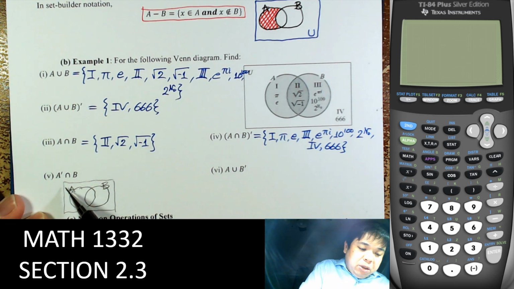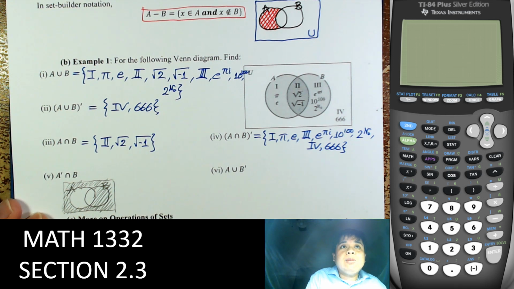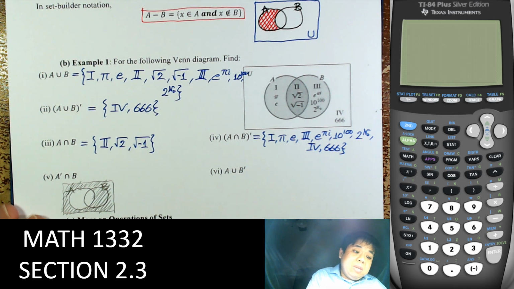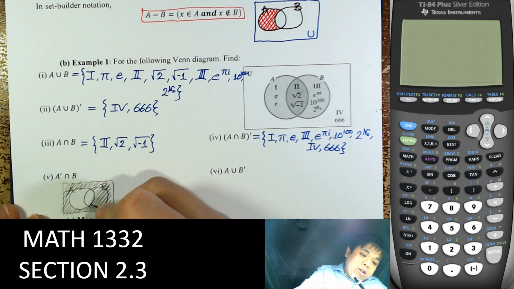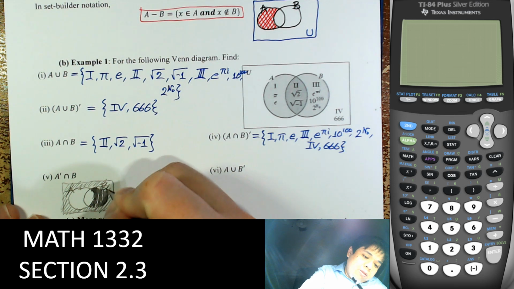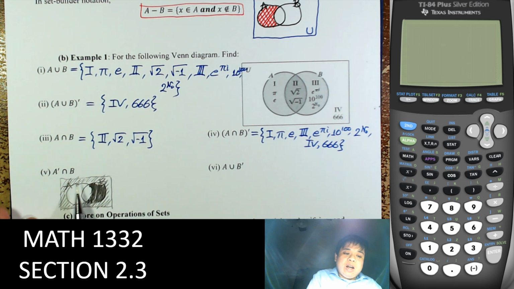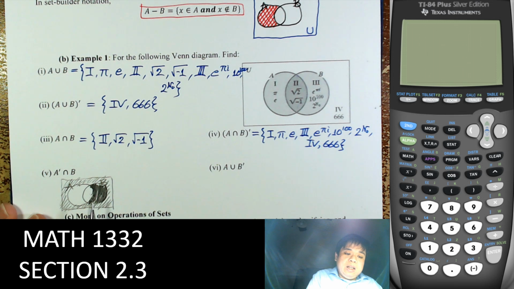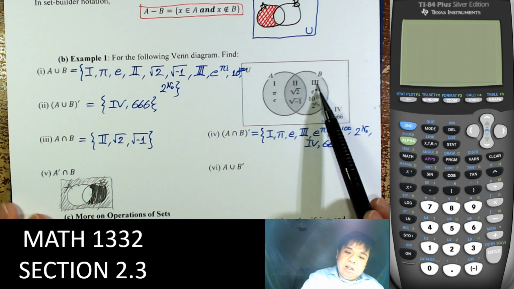So A complement means outside of A. And then intersect with B, so it has to be in B as well. So we're talking about this one. Outside of A, but overlapping with B, so it has to be that. So meaning this.